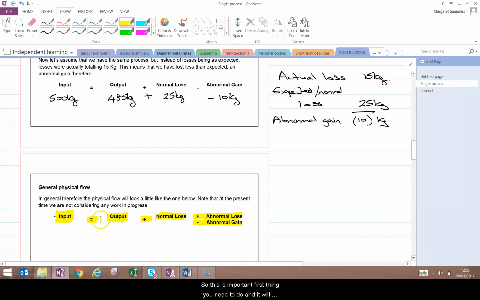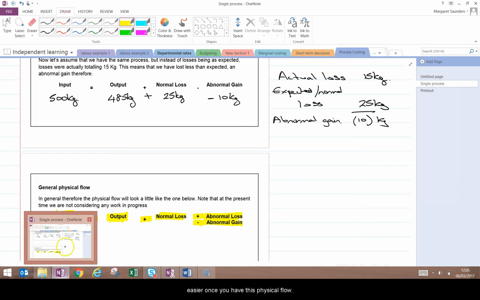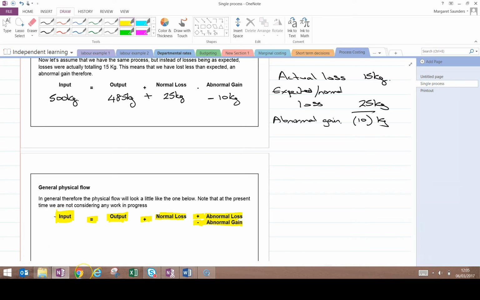So you will either write plus an abnormal loss or it will be minus an abnormal gain. So this is important. First thing you need to do, and it will then make your process costing calculations a lot easier once you have this physical flow. Remember, this is quantities only that goes into the physical flow.